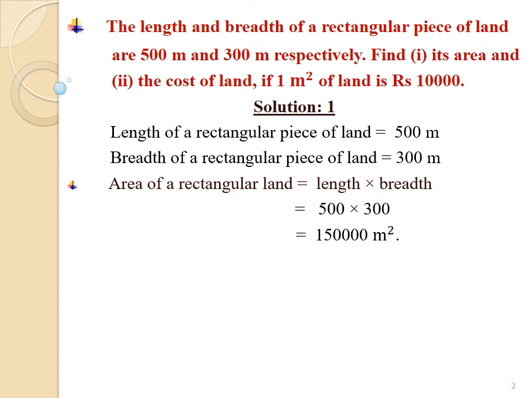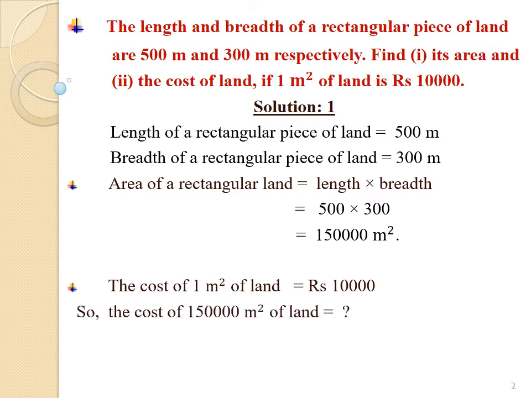So, let us find the cost of land. The cost of 1 square meter of land equals to rupees 10,000. So, the cost of 1,50,000 square meters of land equals to how much?